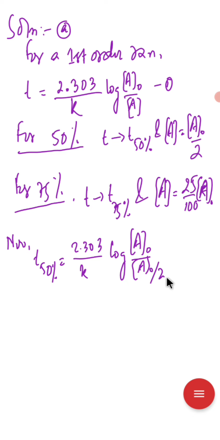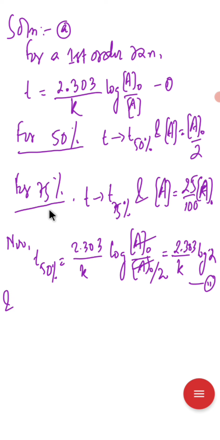A naught by 2, so this A naught gets cancelled out and we have only log 2 here, right? So this is equal to 2.303 divided by k log 2, right? This is our equation number 2.